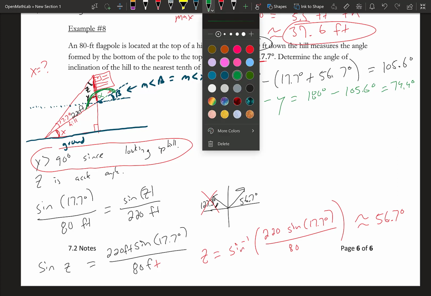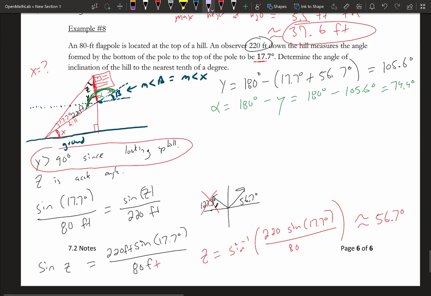And I wanted to know that because, let me pick another color here, we'll just do this light purple. Between here and here, that's going to be 90 degrees, a right angle. This is a right angle between the flagpole and the ground. We're imagining the flagpole standing straight up.